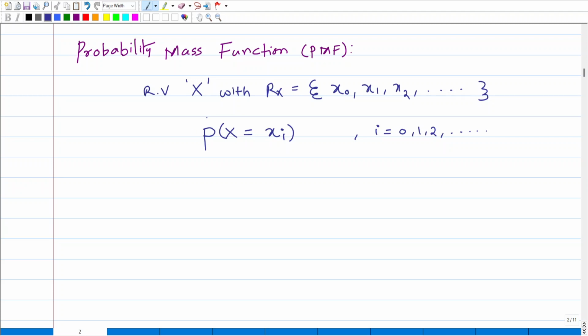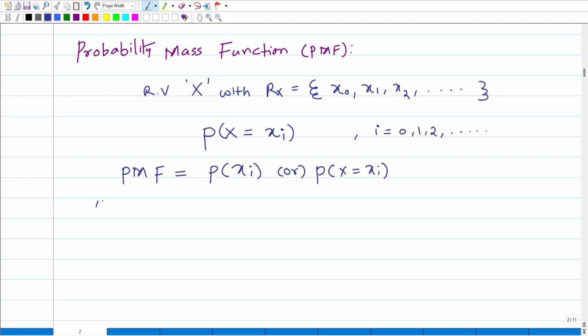This is called probability mass function. This can be written in short form as probability of xi. PMF, probability mass function, can be written as P of xi or probability of x equals xi.